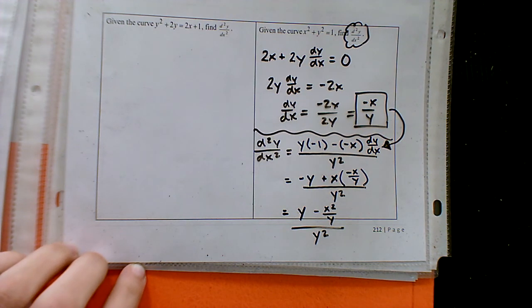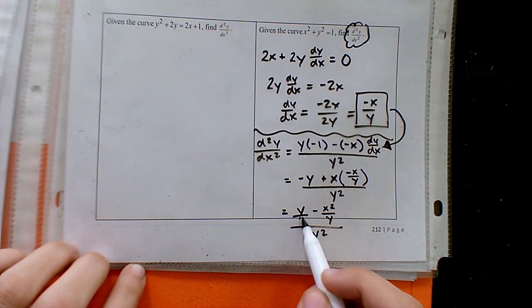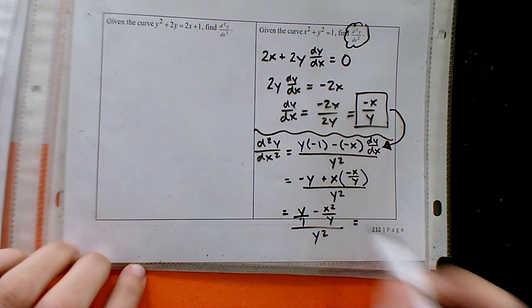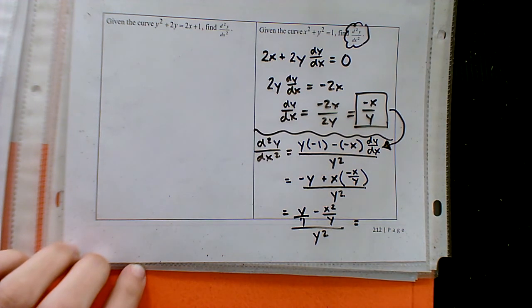Can we keep going? There's a lot of fractions in there. We should be able to keep simplifying. What do you want to do? Go, Christian. Common denominator on the top, so you can make them one thing. Okay. And then the bottom multiplied by 1 over y squared. Do the reciprocal, right?